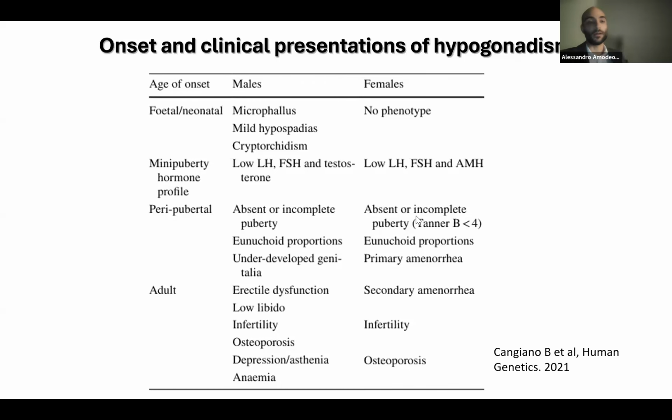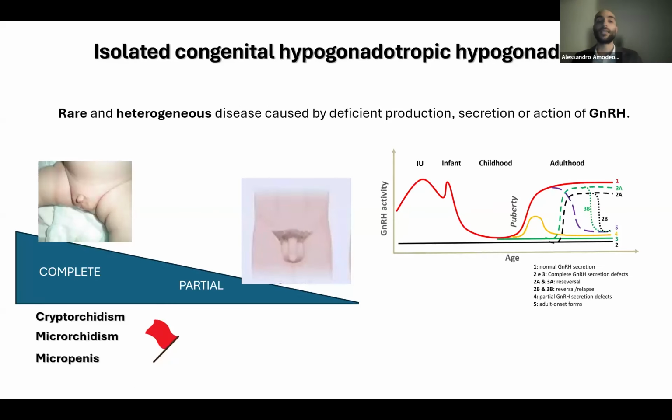How do we define congenital hypogonadotropic hypogonadism? It's a rare and heterogeneous disease caused by deficient production, secretion, or action of gonadotropin releasing hormone. Clinically, it is characterized by a broad spectrum of phenotypes.